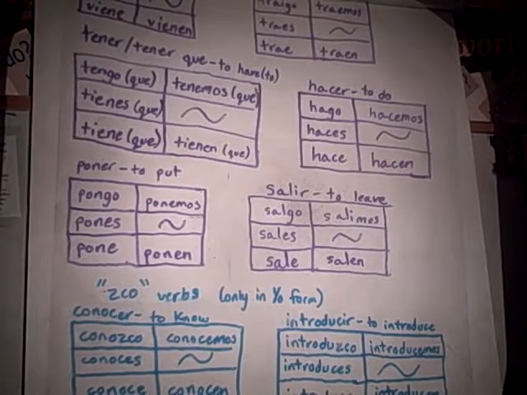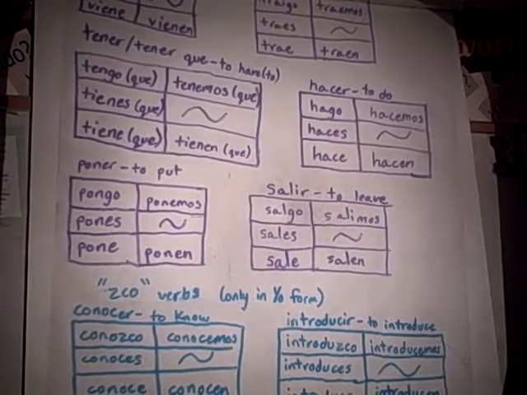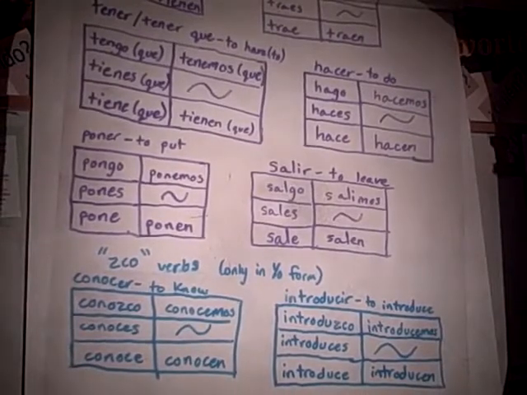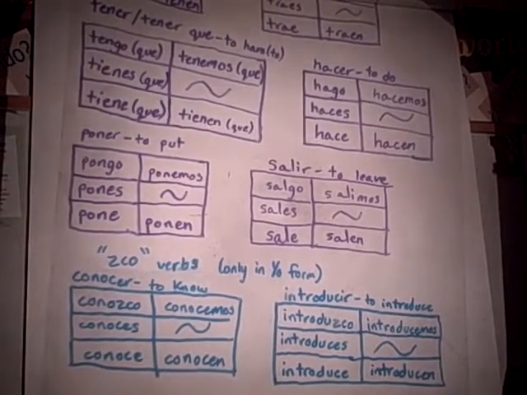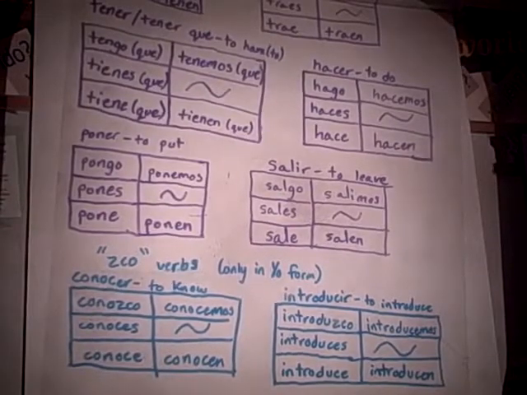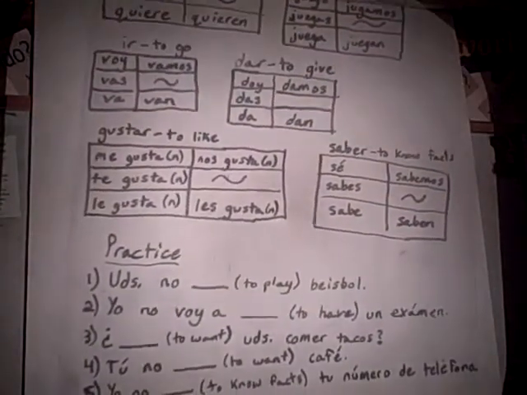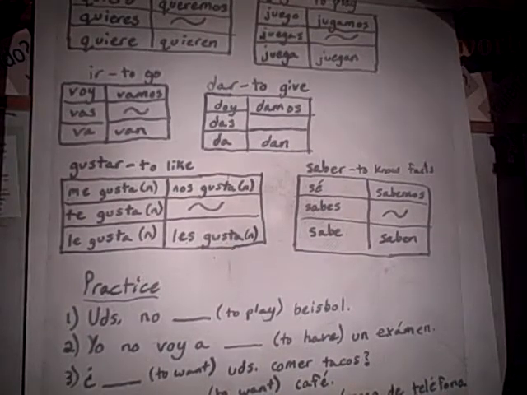The bottom section in blue, in the yo form, they end in -zco. So conocer changes to conozco, and then the rest is the same. And then introducir changes to introduzco, and the rest of those are the same. Just to link back to the one you just had, let me move it down a little bit so we can see them together.